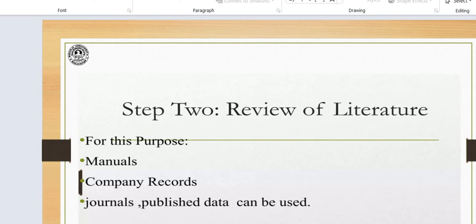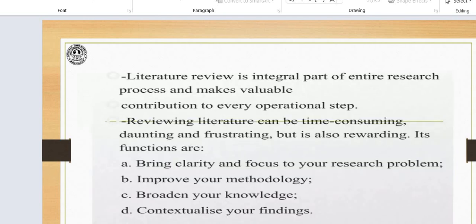The next is step 2, which is related to the review of the literature. For this purpose, manuals, company records, and published journal data can be used. Literature review is an integral part of the entire research process and makes a valuable contribution to every operational step.